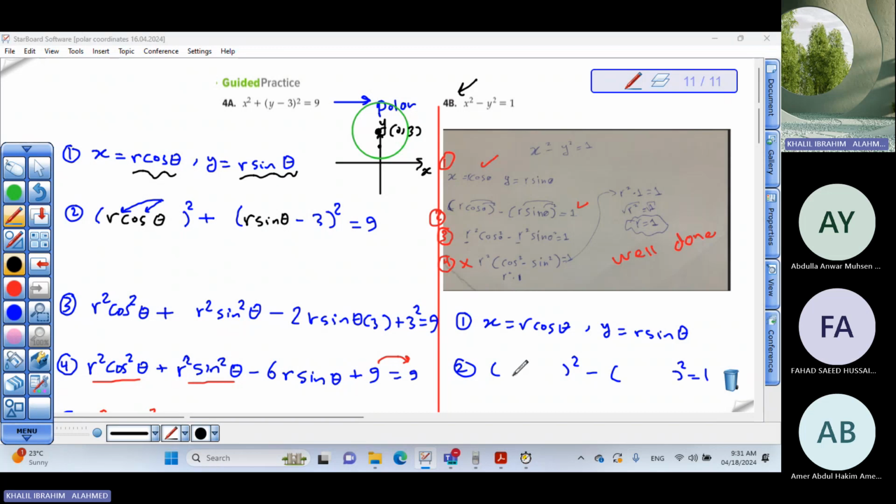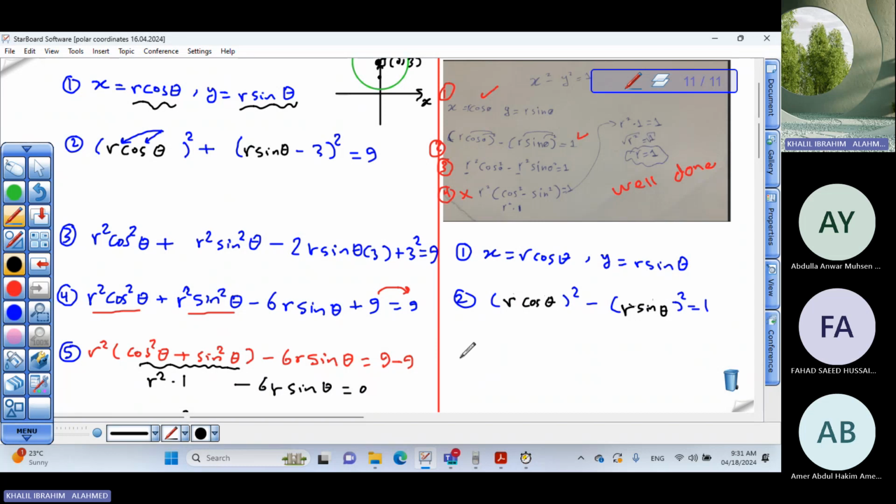This is r squared cosine squared theta, here r squared sine squared theta. No need for another square because we have the square on the brackets. Be careful, don't make a mistake like Mr. Abdullah. Step 3, this is r squared cosine squared theta minus r squared sine squared theta equals 1.